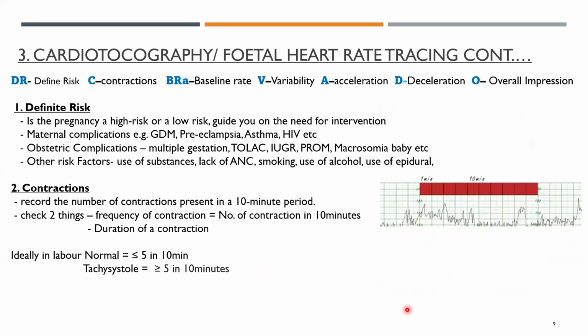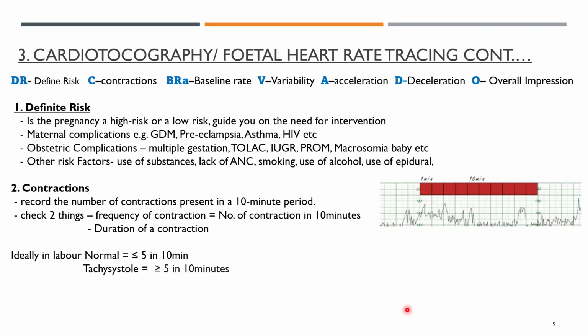This has nothing to do with the CTG. It's based on the history of this patient. You want to know whether this patient is a high risk or a low risk patient. Why? Because it will guide you in your intervention as you come towards the end. There are certain complications which make a pregnancy high risk, such as maternal complications like GDM, preeclampsia, asthma, HIV, anything that has chances of increased mortality and morbidity to this mom in this pregnancy.